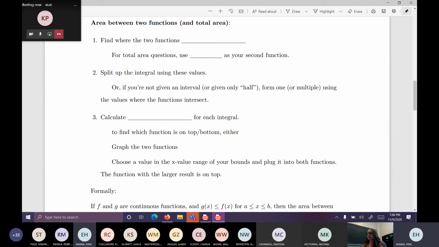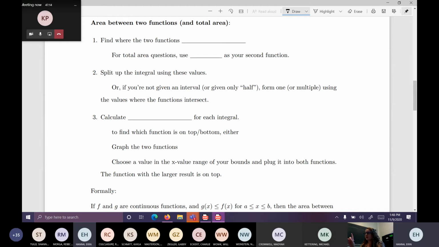If you've seen calculus before and you've done total area questions, you would have done them with absolute values. If you know how to do that, go right ahead. I'm going to present total area questions as the same as an area between two functions because technically it is. So just in case you know calculus and you possibly know what I'm talking about. Otherwise, don't worry about it. But anyway, here's the process that we're going to be following.